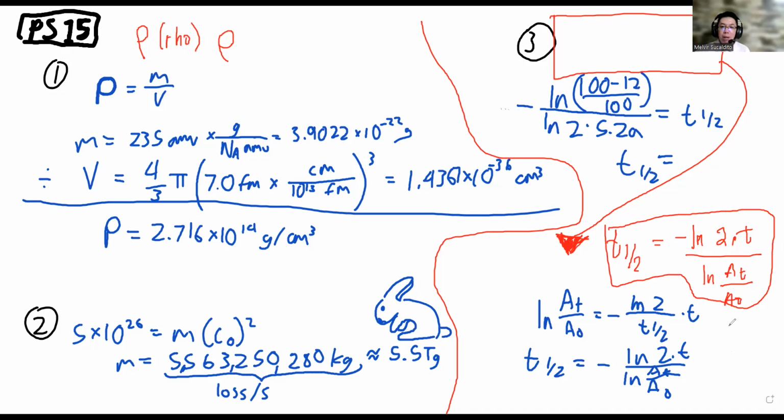Ito na lang. Baguhin mo yung nasa taas, Josh. Ito, rearrange mo na to. O dapat hindi sa numerator yung ln 100 minus 12 over 100. Dapat nasa denominator pala siya. Move mo to na lang.